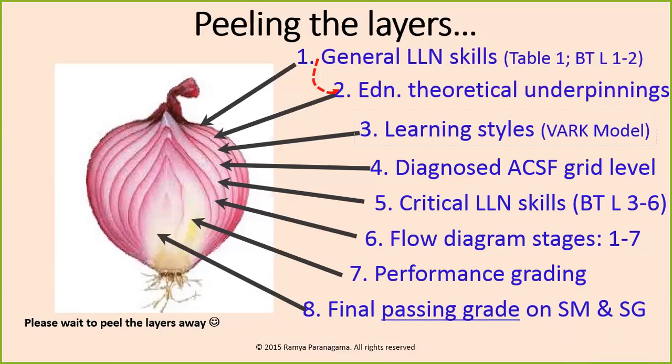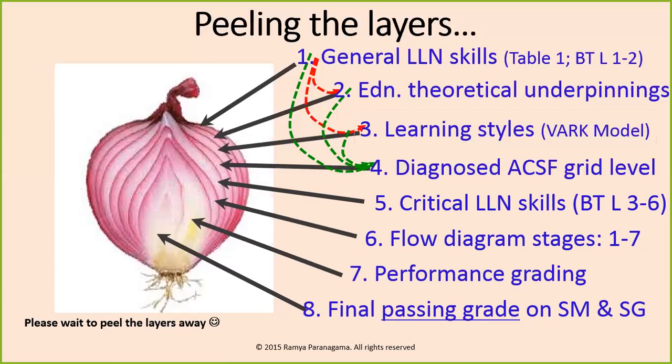Now I found there are connections in this case. If you look from general skills to education theoretical underpinnings, there is a connection here. I put a red arrow there. And I also found a connection from level 1 to level 3. You could see each level is connected to the other level. Now the next one is, I'm going to show how level 4, Australian Core Skills Framework, is connected to the previous levels, level 1, 2, and 3.